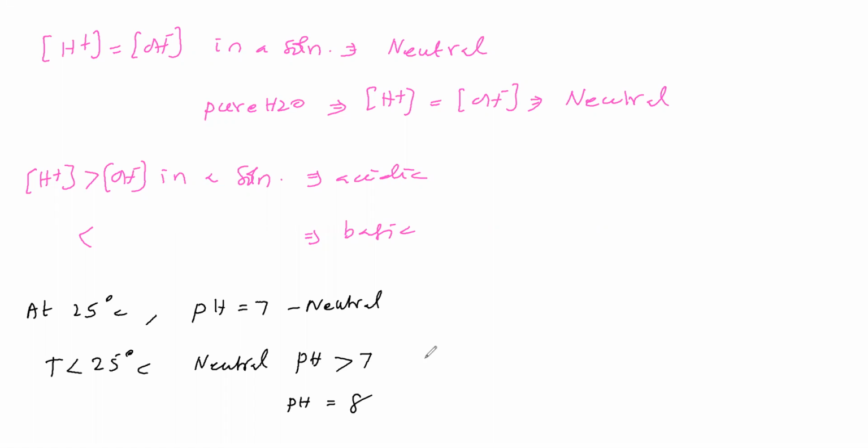If the temperature is greater than 25 degrees Celsius, then for neutral, whether it is pure water or a neutral solution, pH will be less than 7, for example pH equal to 6. So if you change the temperature, the position of equilibrium will be affected. Therefore, everything will change.